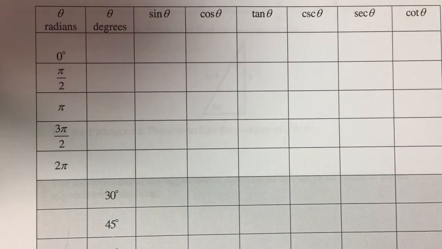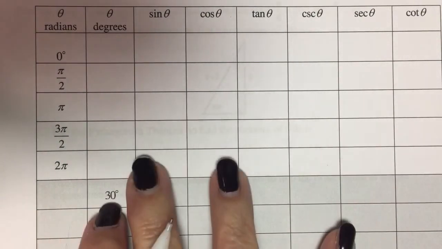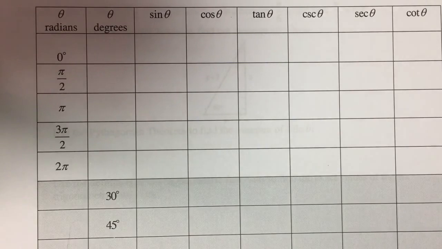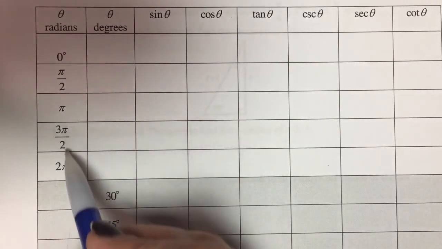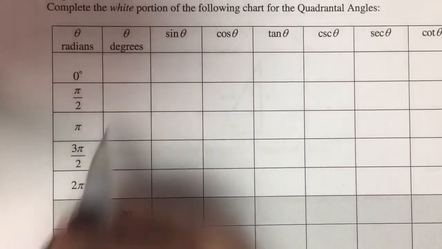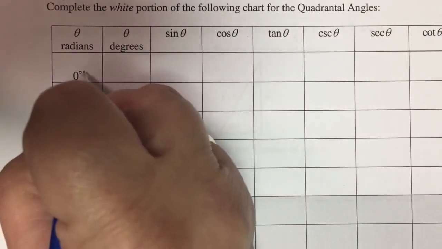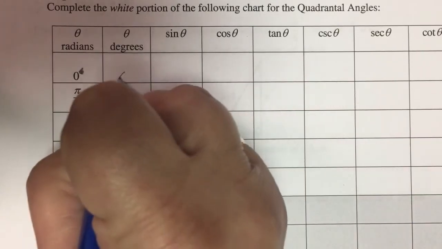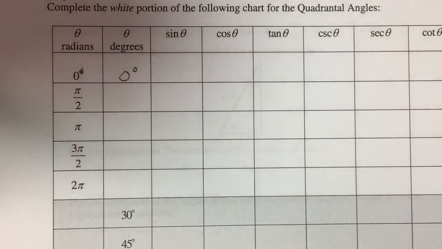Okay, so up here, it's asking us to fill in just the white part for right now. So remember, all of these are our quadrantals. First of all, let's just go ahead and fill in the degrees. So 0, and actually this degree sign shouldn't be there because it's 0 radians. This is 0 degrees.